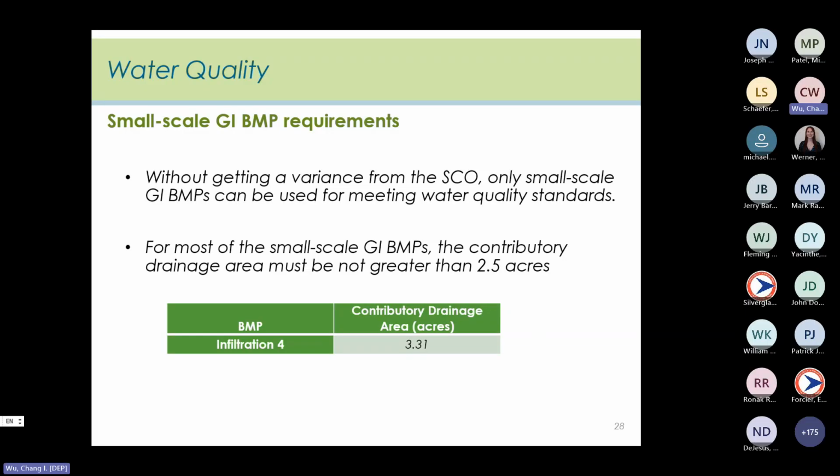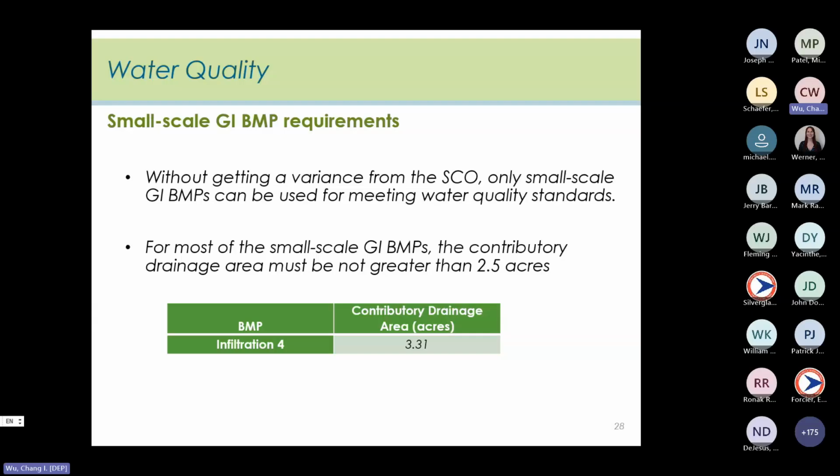So after reviewing the quantity, the next topic for review is the stormwater runoff quality standard. The first thing to check is whether small-scale GIBMP are used for water quality.